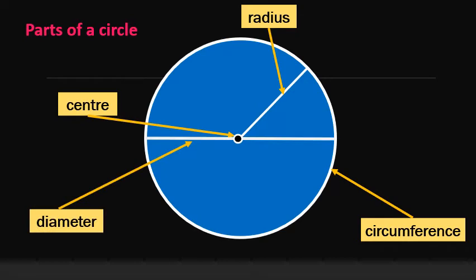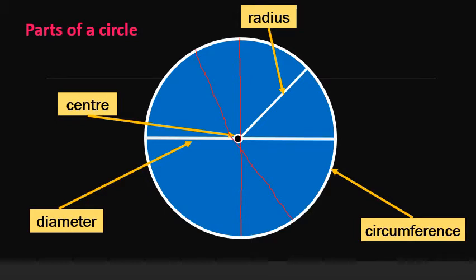Then we have the diameter. So the diameter is a line that is cut through the center from one side of the circumference of the circle to the other. So it's always straight and it always passes through the center. We can also have a diameter going this way and so on. So there's already a relationship there.